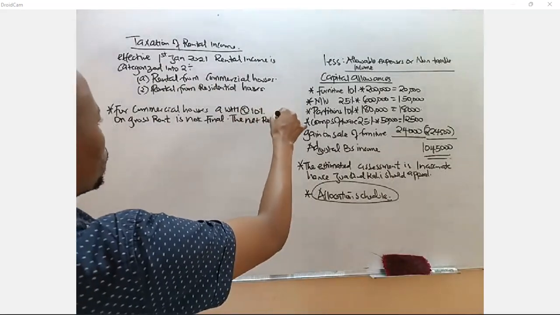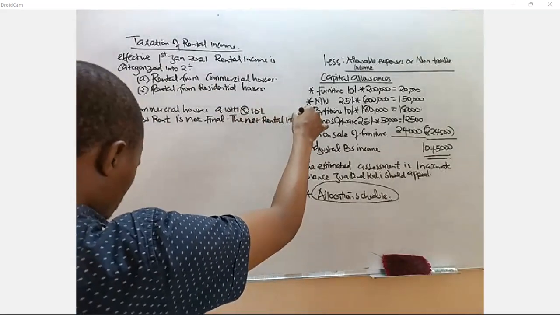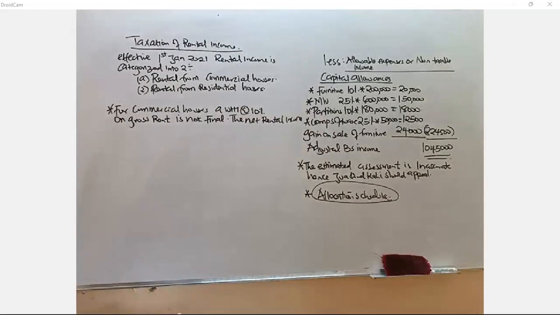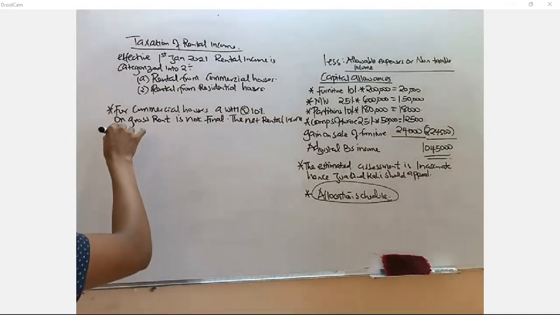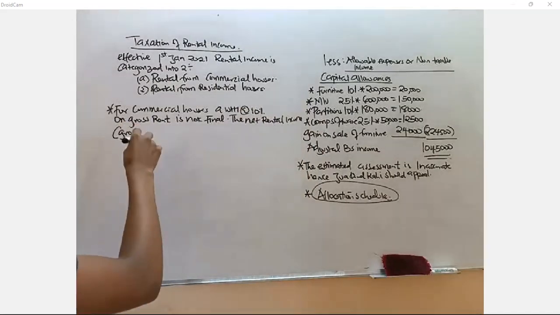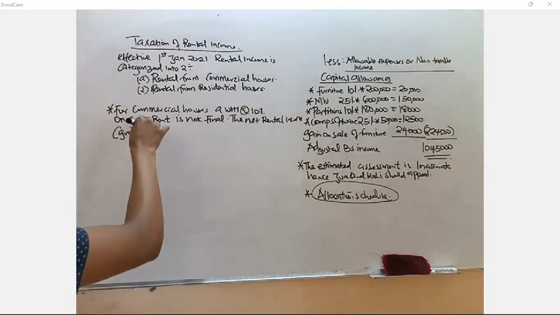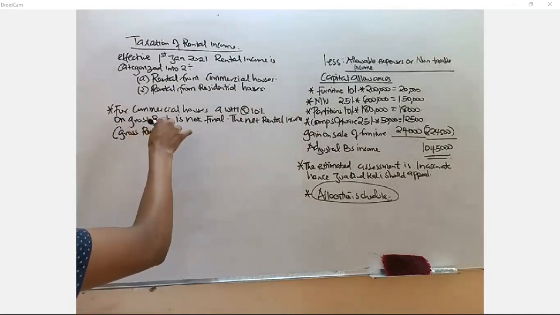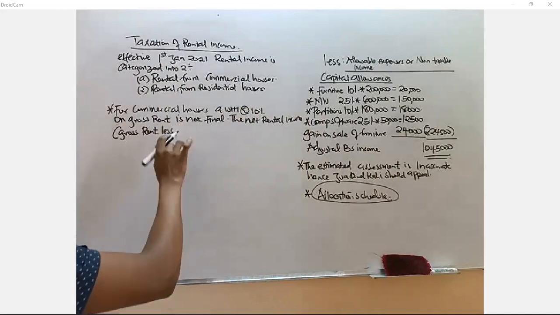The net rental income, in this case, we look at the gross rents less allowable expenses.